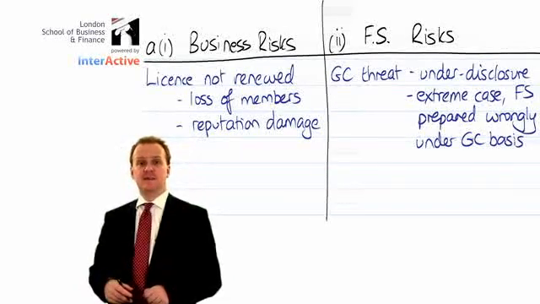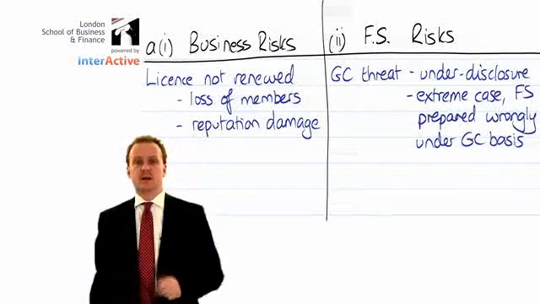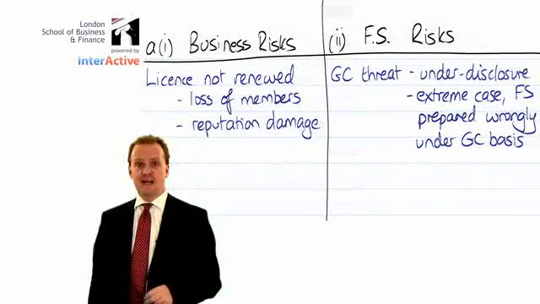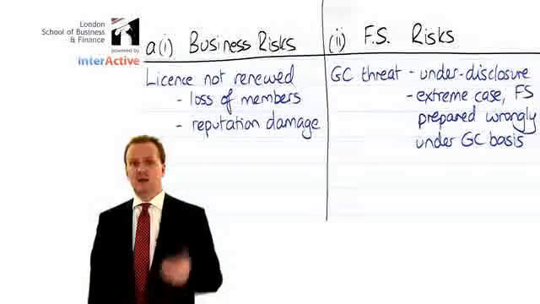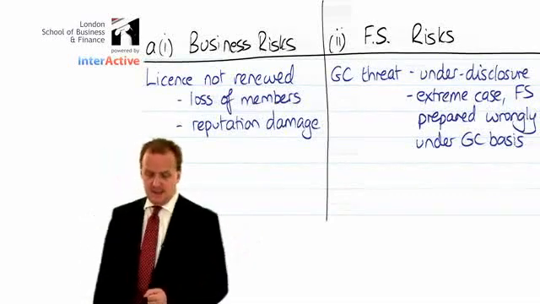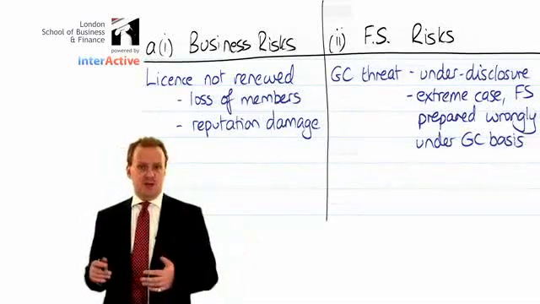And if you believe that this company is not a going concern, the company should not be disclosing that in a note. It should, in fact, be preparing its financial statements under a completely different basis. So that's the licence not being renewed.